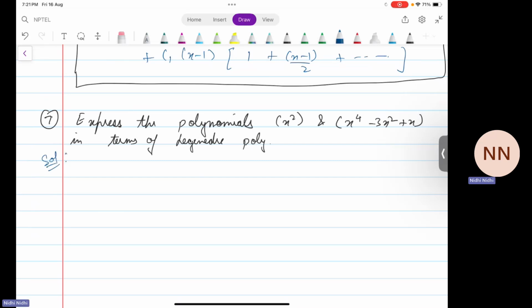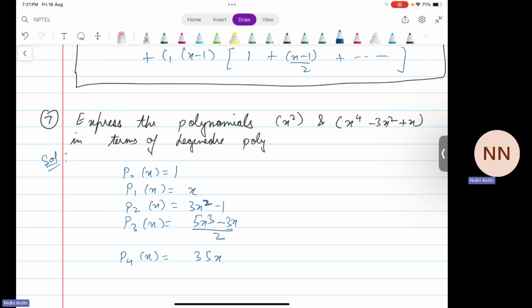So first of all, we should know how our Legendre polynomials are given. We have P0(x) is equal to 1, P1(x) is equal to x, P2(x) is equal to (3x square minus 1) by 2, P3(x) is equal to (5x cube minus 3x) by 2, P4(x) is equal to (35x power 4 minus 30x square plus 3) by 8.